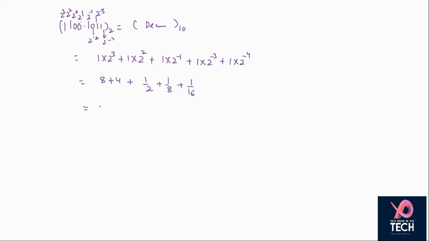This comes out to be 12, then plus 0.5 plus 0.125 plus 0.0625. So it comes out to be 12.6875.